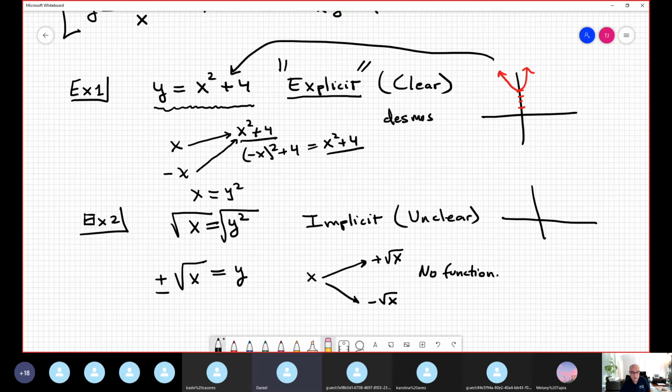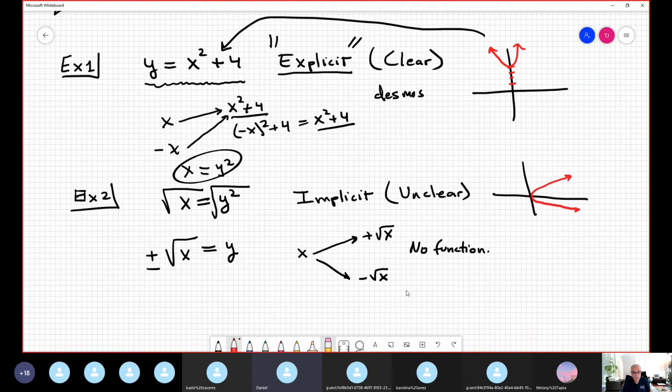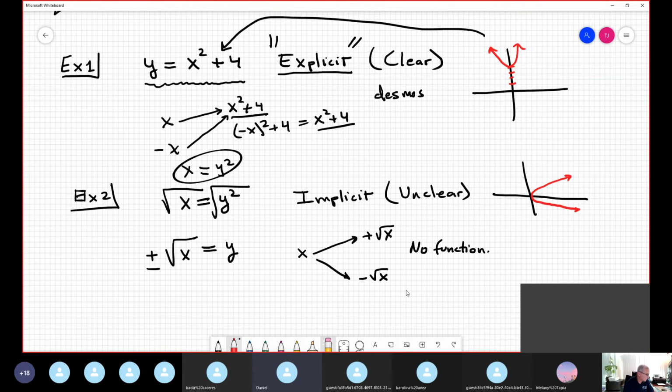However, when they put this other equation in Desmos, the graph looks like that. It's a parabola, but it's another kind of parabola. And when you apply the vertical line test, pass or fail? Fail. Exactly.